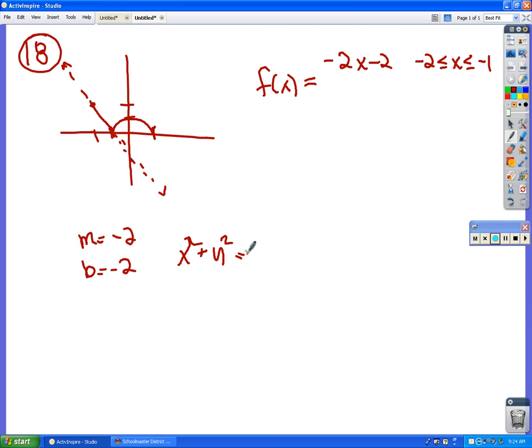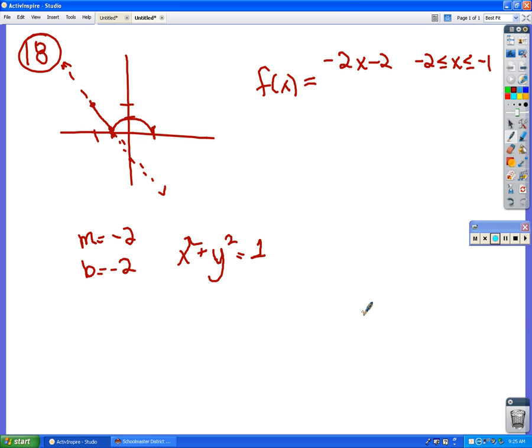Since it's centered at the origin, it's just x squared plus y squared. And what's the radius? 1. And then this is supposed to be equal to the radius squared. And 1 squared, of course, is 1.